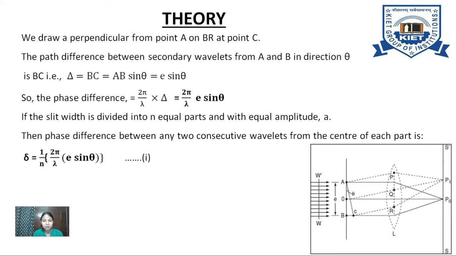And the phase difference between any two consecutive wavelets which emerge from any two consecutive parts is the total phase difference divided by the number of parts we've divided the slit into, and that is n. So the phase difference between any two consecutive wavelets, which here we consider to be emerging out from the center of each part, is delta, and that is equal to 1 upon n, 2 pi upon lambda, e sine theta.